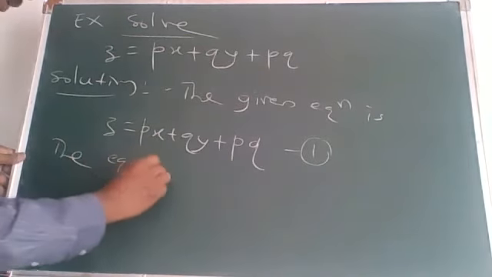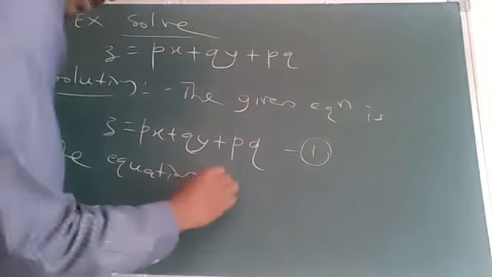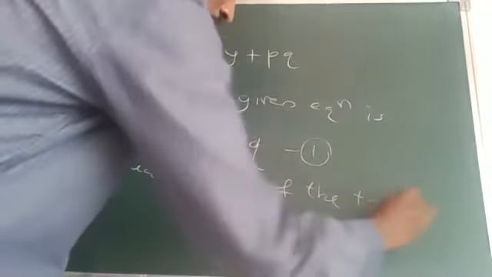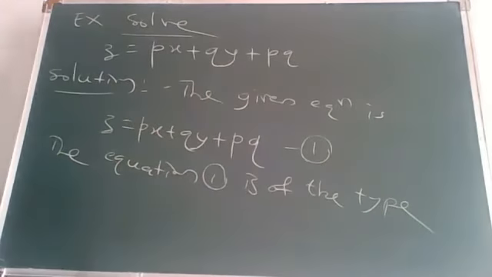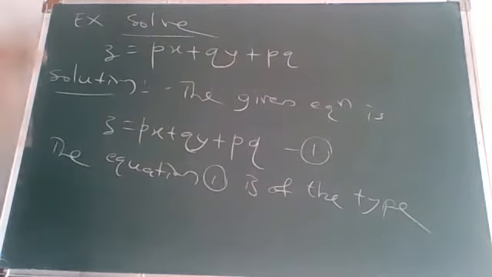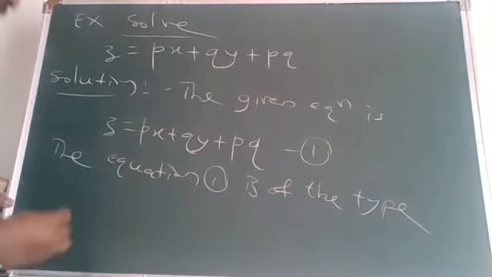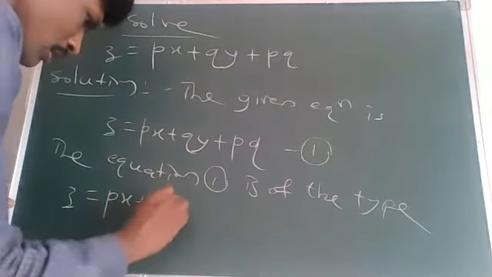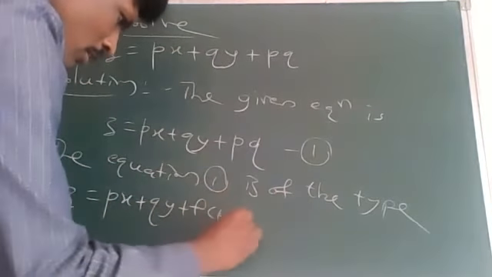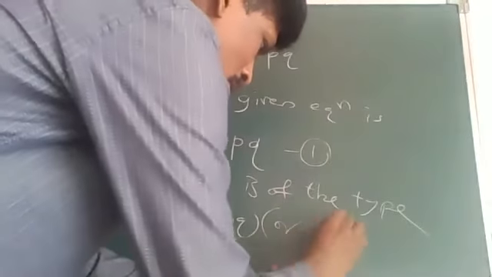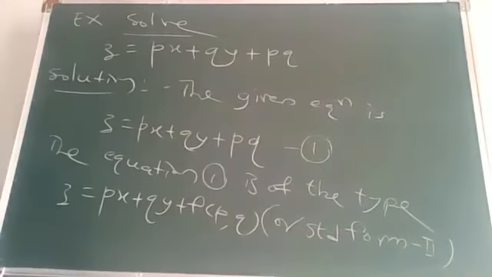The equation 1 is of the type z equal to px plus qy plus f of pq, otherwise called the standard form secant.